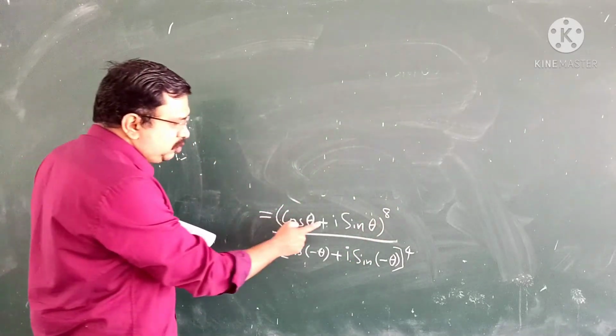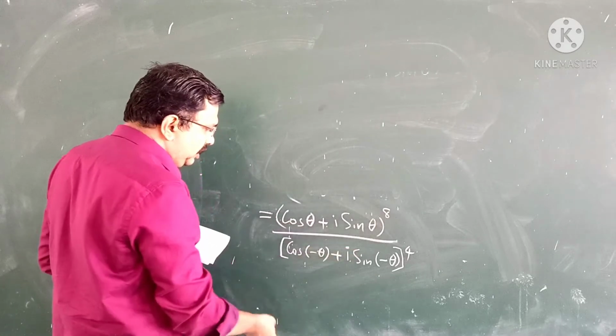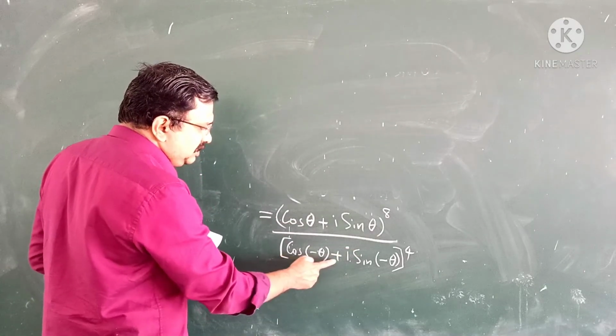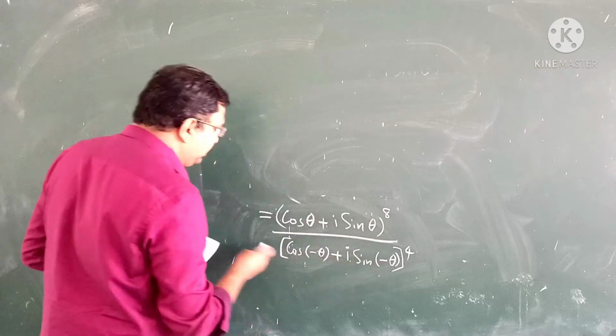Our last step is (cos θ + i sin θ)^8 divided by (cos(−θ) + i sin(−θ)).